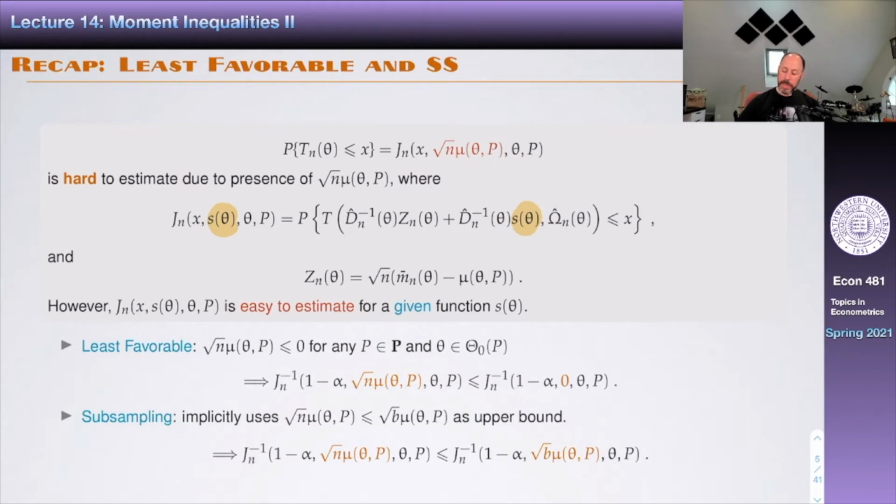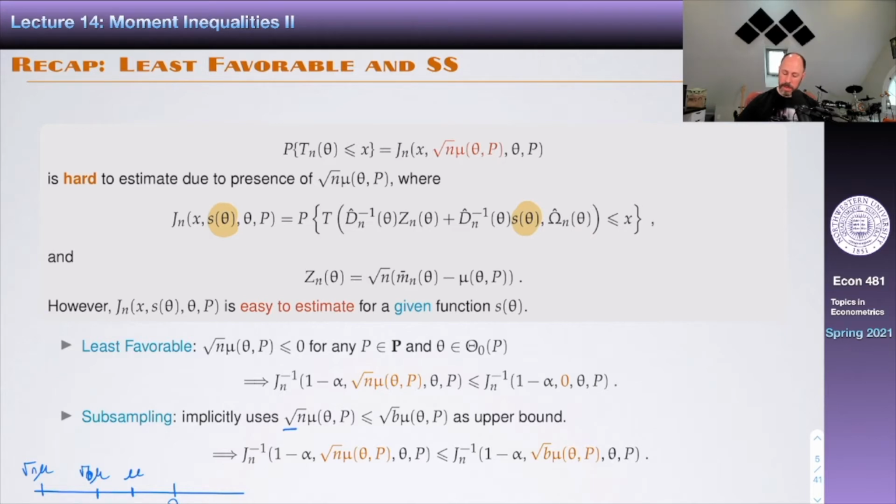And in subsampling, well, remember that these moments are negative, right? These moments are negative. So you have 0 here. And let's say that this is mu, because it's negative. Well, if you multiply mu by square root b, and this is greater than 1, this is going to be here. And then by square root n, it's going to be here because n is larger.